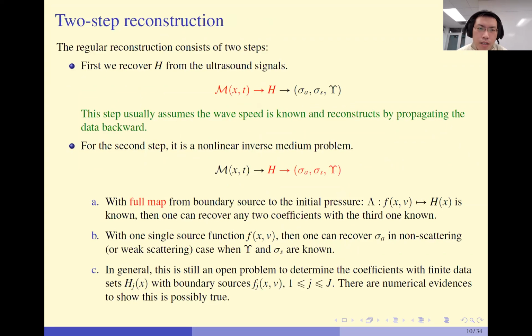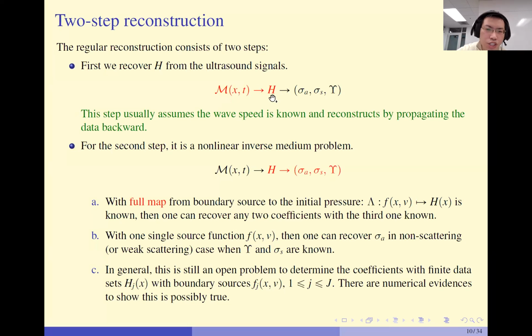Regarding the reconstruction process, as we have mentioned, the typical reconstruction consists of two steps. The first step is the acoustic step. That is to recover the initial pressure field from the ultrasound signal measured on the boundary.